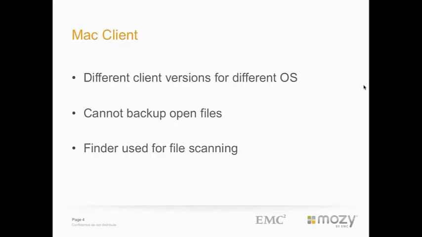For anybody familiar with the Windows client, when you want to add a network share, even if the network share is added to your physical machine, you still have to open up the Mozy client and add it there as well. But in the Mac client, because you're mounting it in Finder, and we tap into Finder for our file scanning, when you open the Mozy client, you will see the external network share there as well.